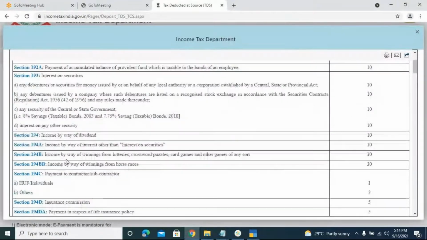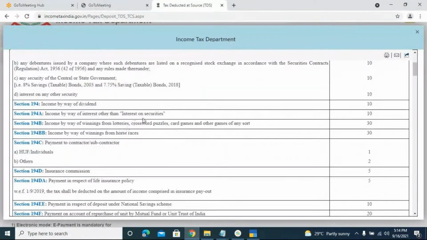Then we have TDS on income by way of dividends, by way of interest other than securities, and income by way of winnings from lotteries, crossword puzzles, card games, and other games of any sort. We have 30% as the tax rate. Lottery tickets are almost banned, because in India, of course, lottery tickets are banned.